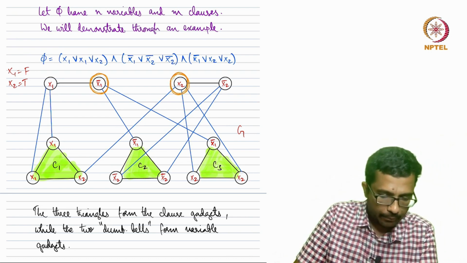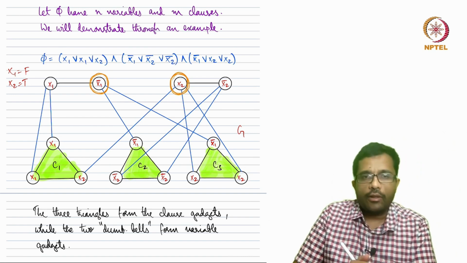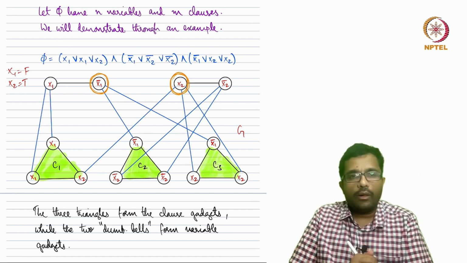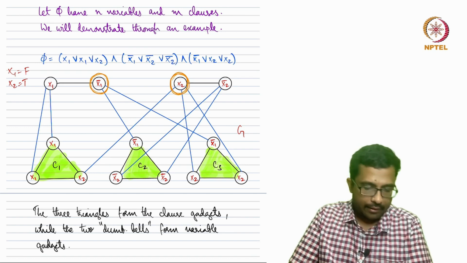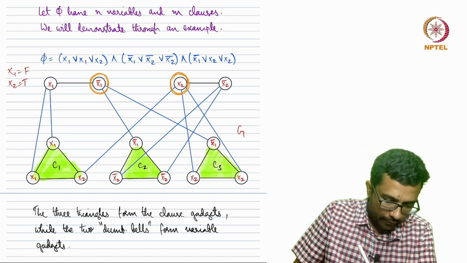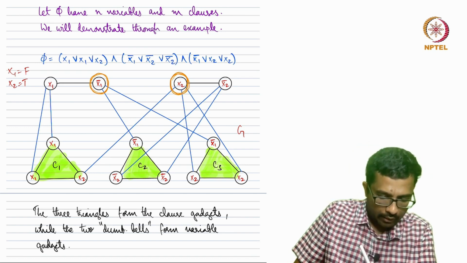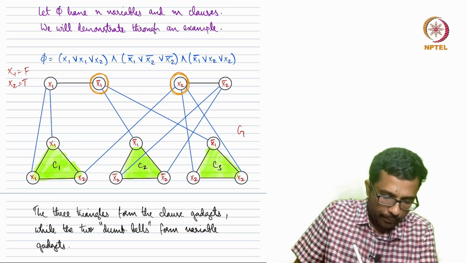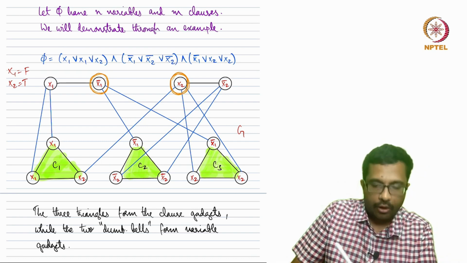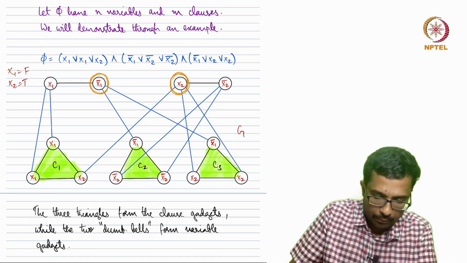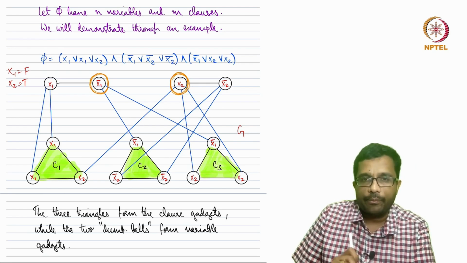We pick these two, and for each clause we know there is at least one true literal, right? In the case of clause 1, we know x2 is true. Clause 2, we know x1 complement is true. Clause 3, we know both are true. Let's say x1 complement is true.